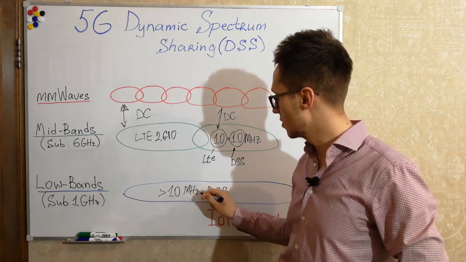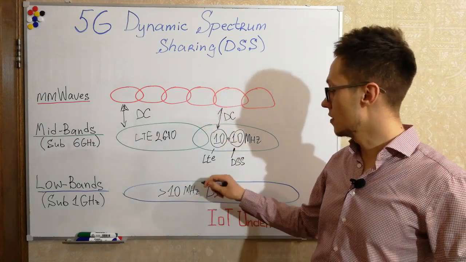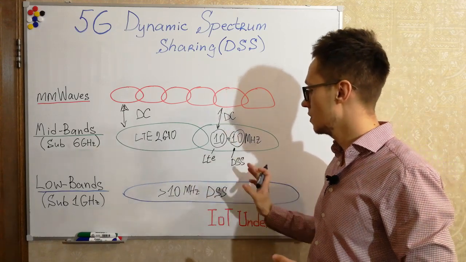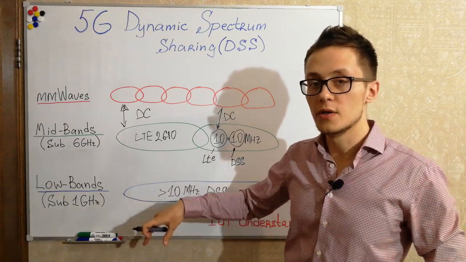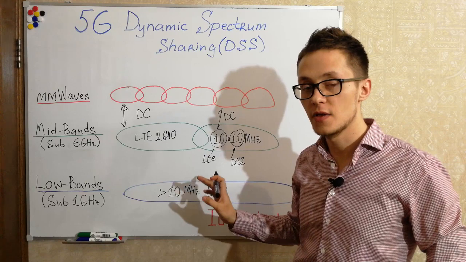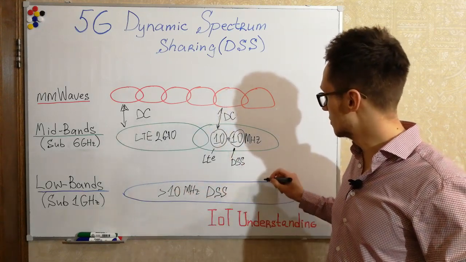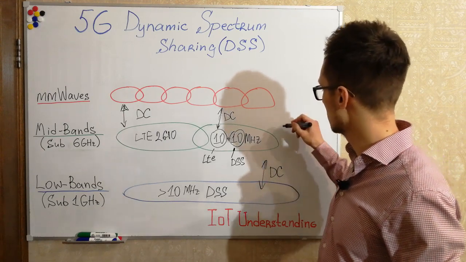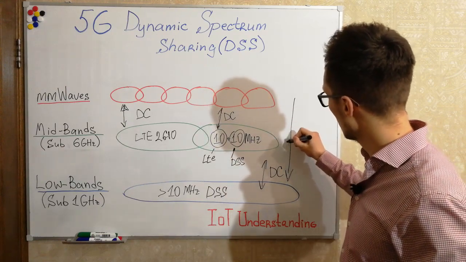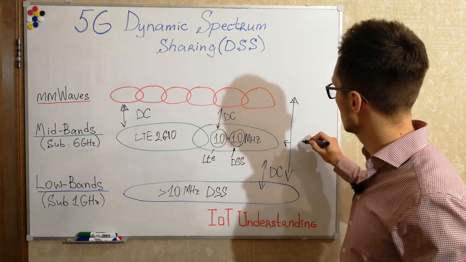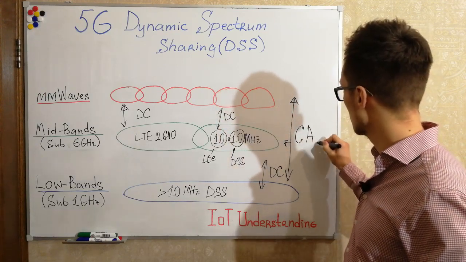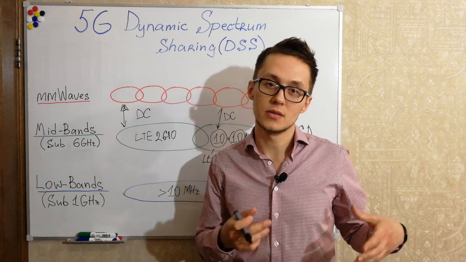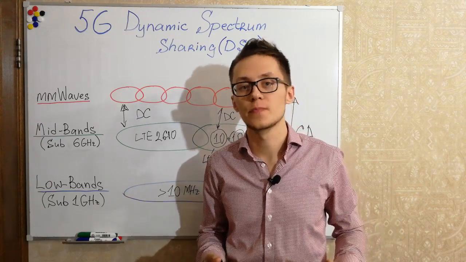So you can deploy DSS in the low band, and after you refarm all necessary frequencies, you can deploy dual connectivity again, and of course carrier aggregation between all of these three bands, in order to get the maximum speed and lower latency in your network.